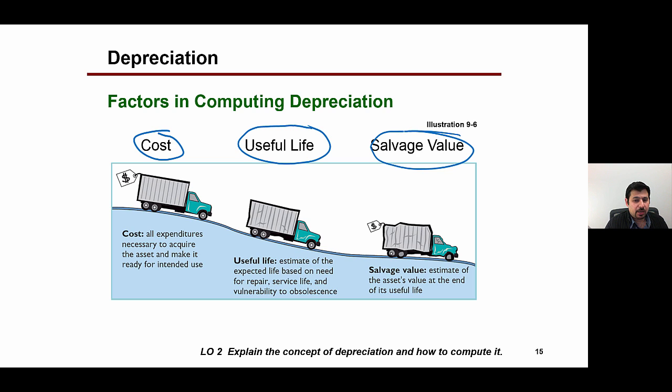The salvage value is also known as residual value. This is what the company expects to get in return for the fully depreciated asset. Say, for example, the truck. If a truck has an estimated useful life of 10 years, salvage value is the amount that the company expects to get from the scrap when they sell this truck 10 years later.